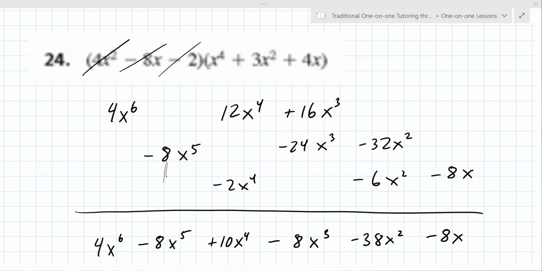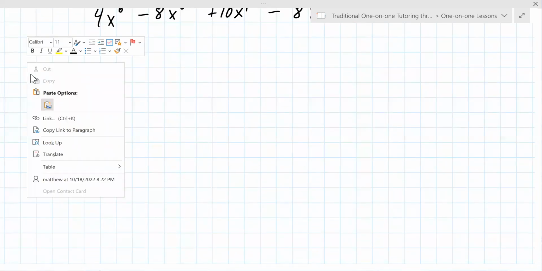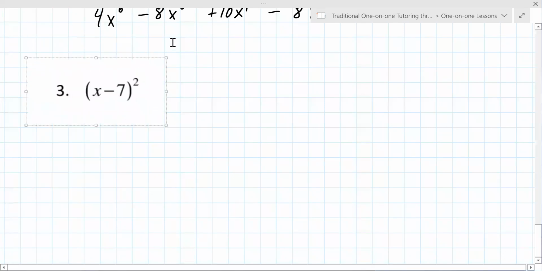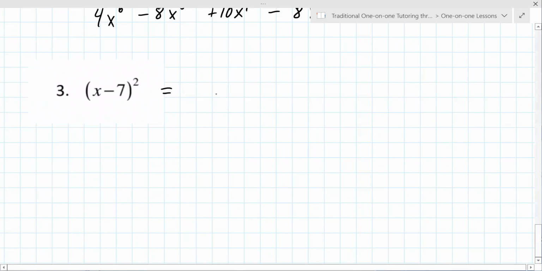So let me start with number 3. 1 and 2, I think you know how to do without question. But number 3, the preferred way to do this is to write out what this actually means.